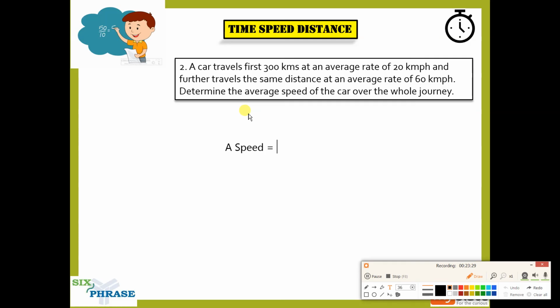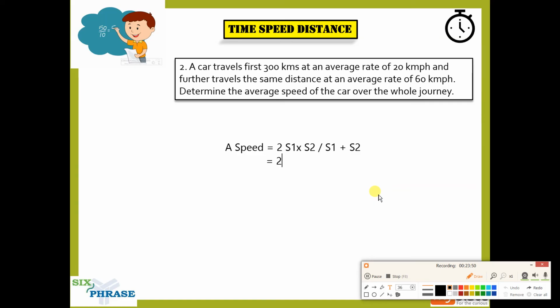When the distance is the same, we can go ahead and take the shortcut formula for average speed. This is the formula: 2 s1 s2 divided by s1 plus s2. This is the average speed, guys. What is the first speed here?